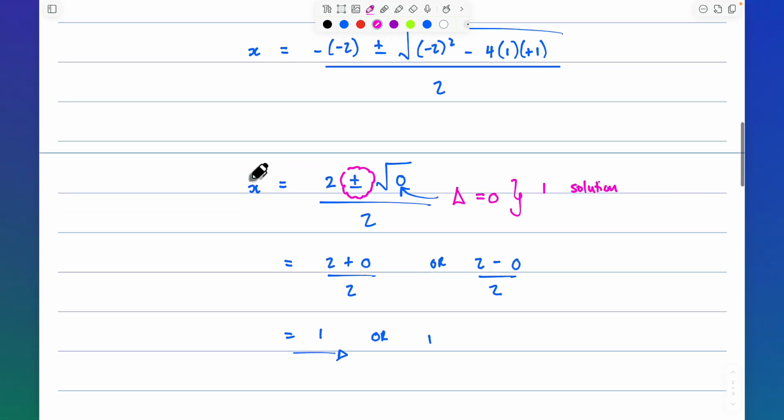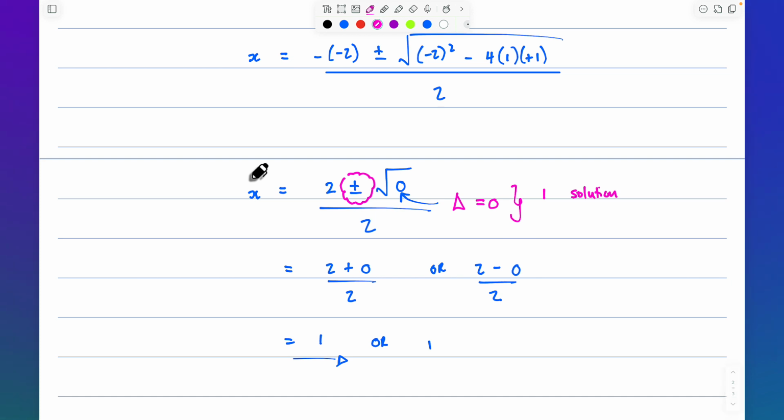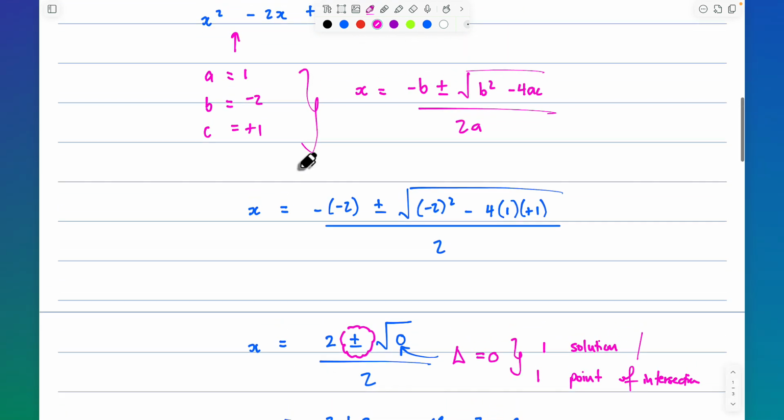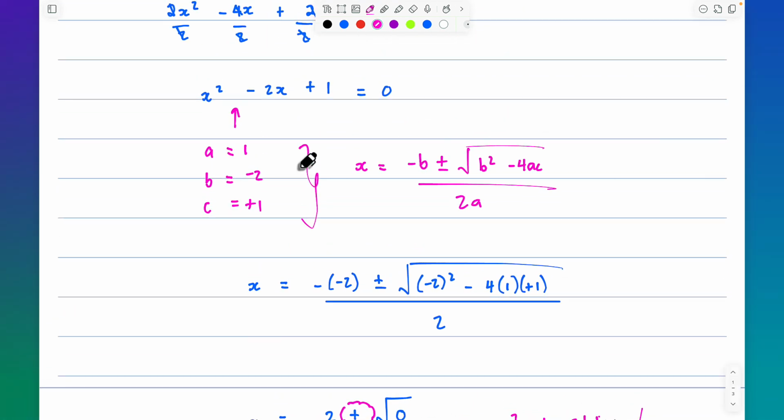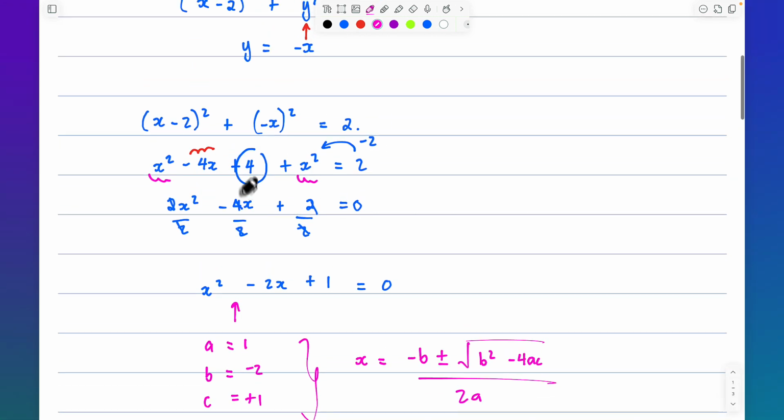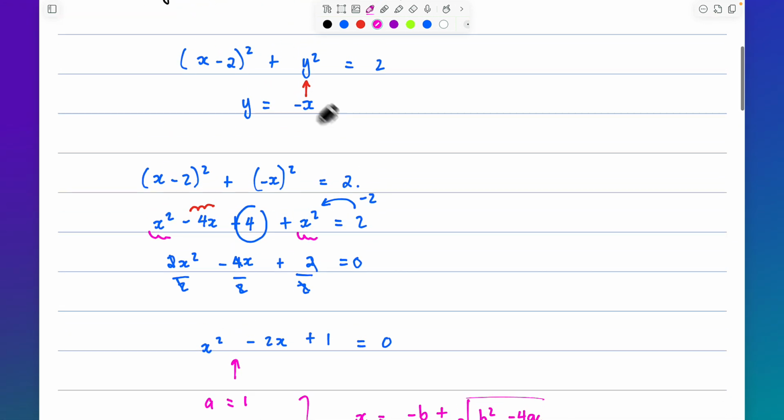So if we have one solution to that equation, it means we only have one point of intersection. So you can just substitute this x value. This is the only x value you have because it only crosses at one point. So that one point has one x value, and you can put it into here to get the y expression.